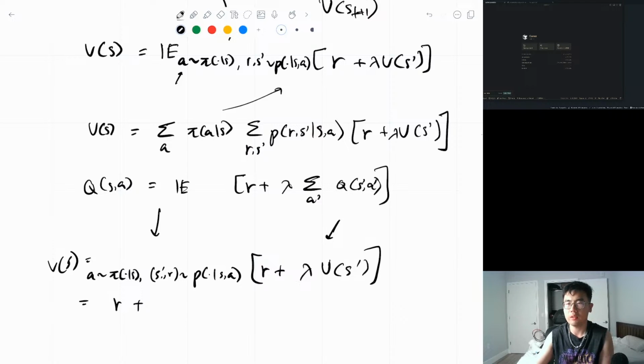I think it's that, right? Actually, I'm not sure about the Q value function. Yeah, there's another expectation here.